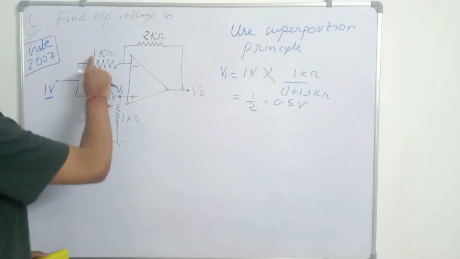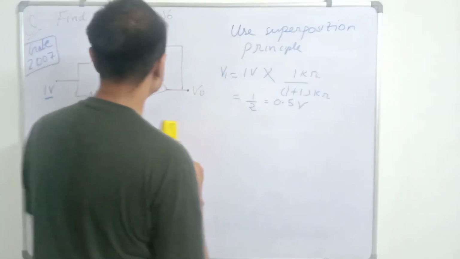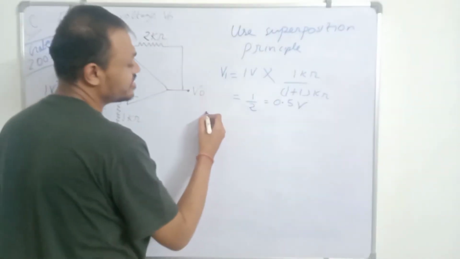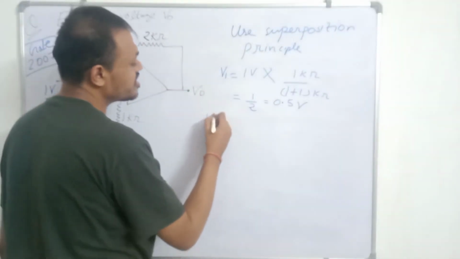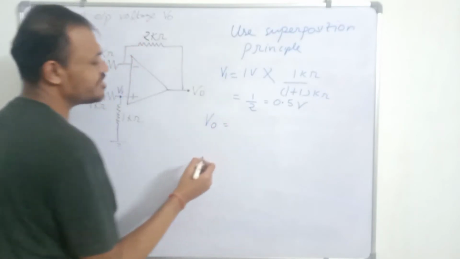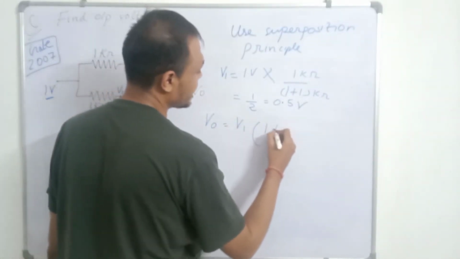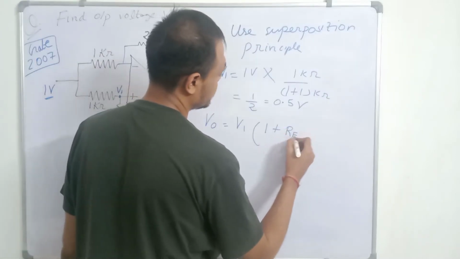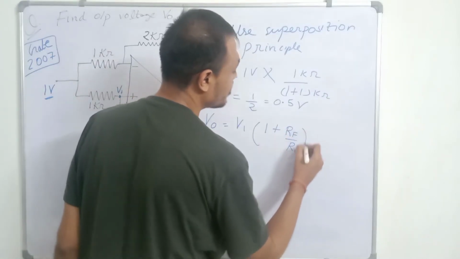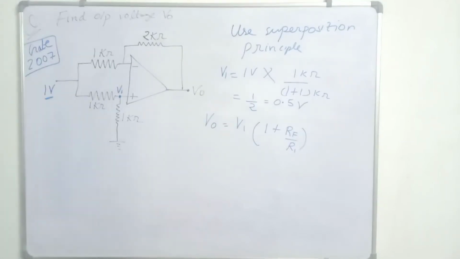Now this resistor is 1 kilo ohm and this resistor is 2 kilo ohm. So V0 due to V1 will be equal to V1 into 1 plus Rf upon R1. This is the formula for gain of non-inverting configuration.